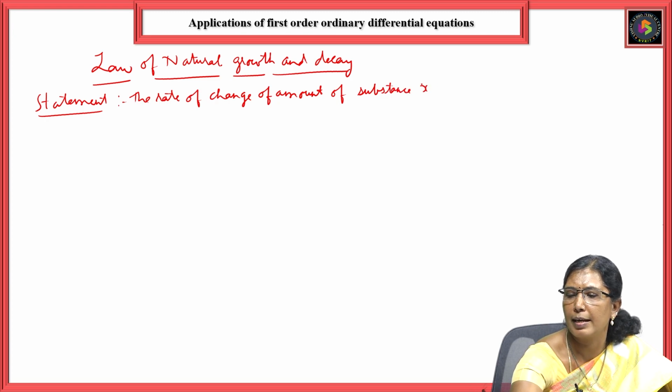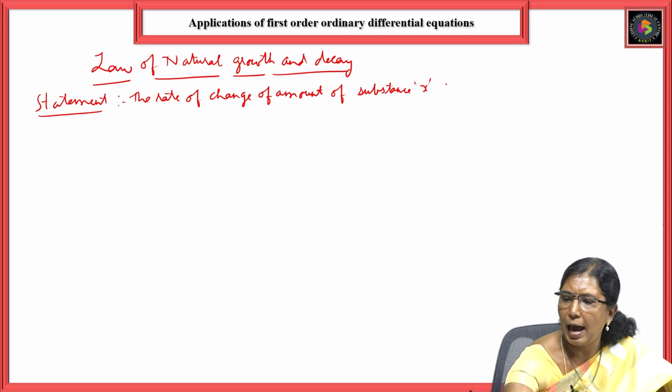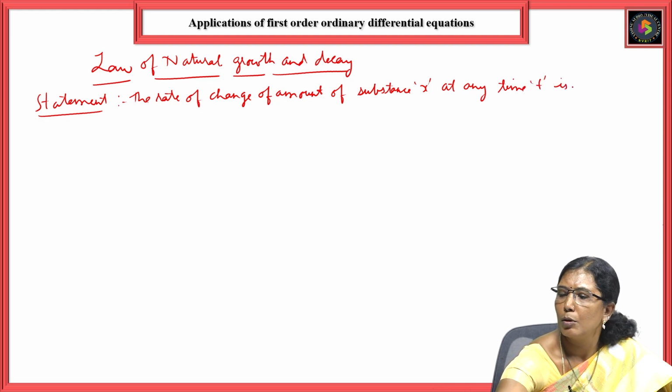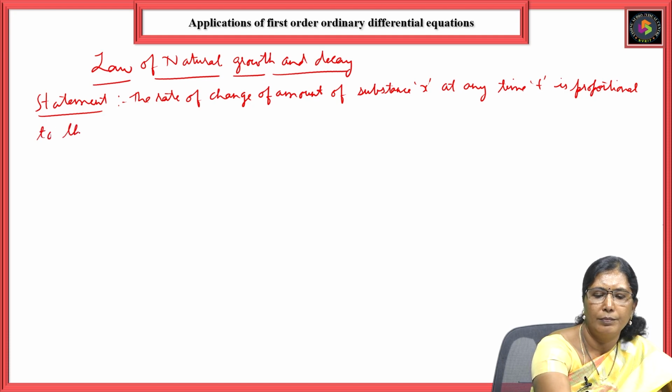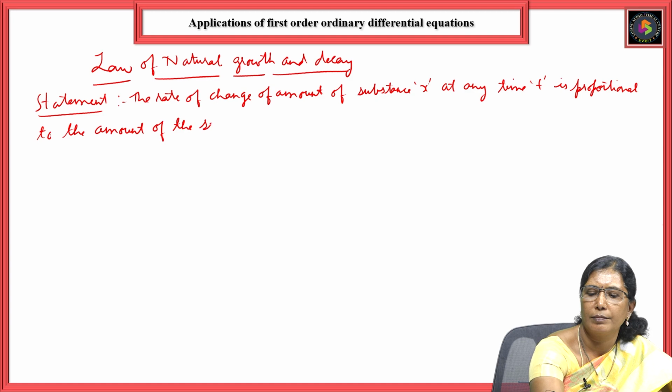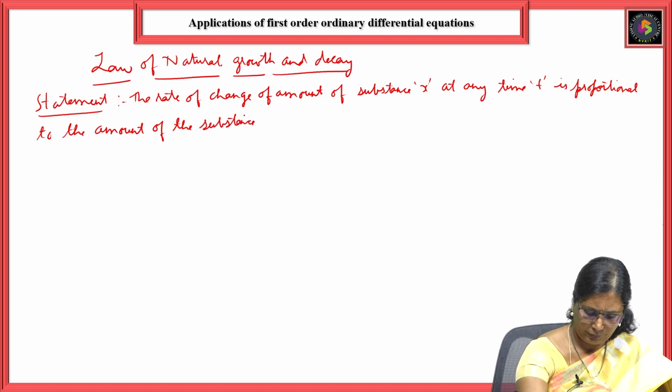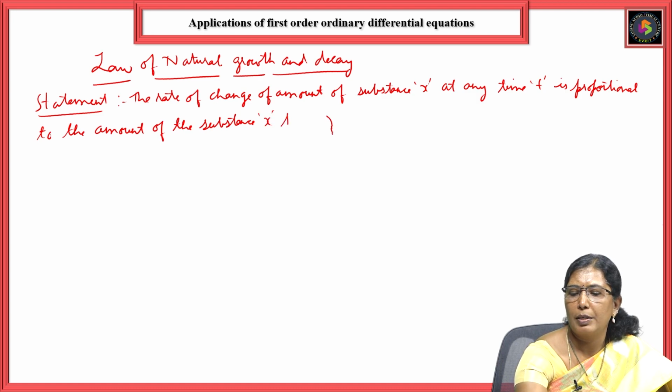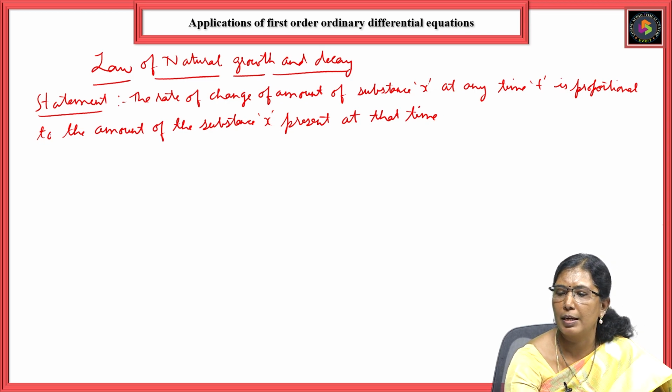Let us take the amount of substance as X. The rate of change of amount of substance X at any time t is proportional to the amount of the substance X present at that time.